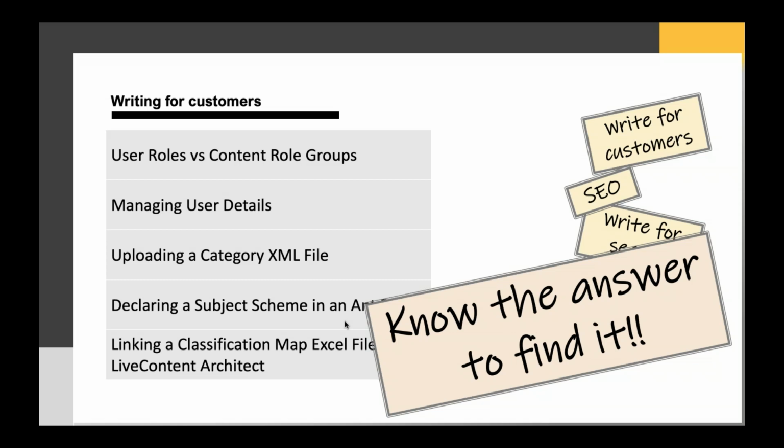But if they already knew the answer, well, then they wouldn't be coming to you to find the answer in the first place, right? So it's a catch-22. So you really need to think like a customer, which means not putting the answer in the title. You have to think what a customer would think like, okay?